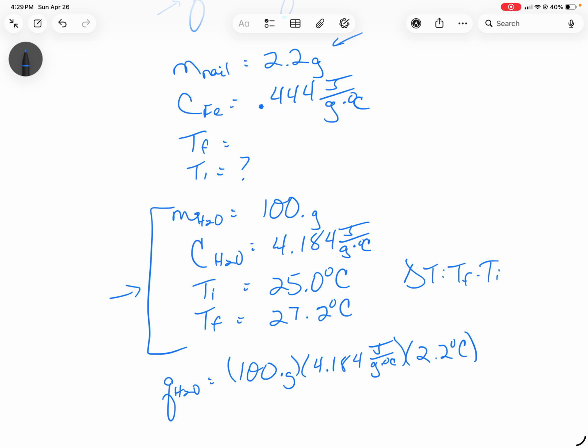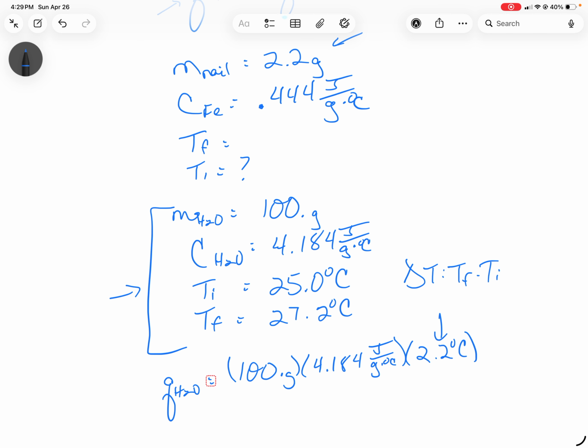Well, 100 times 4.184 is 418.4 times 2.2. And that is 920, well, I'm going to have two sig figs in the end.